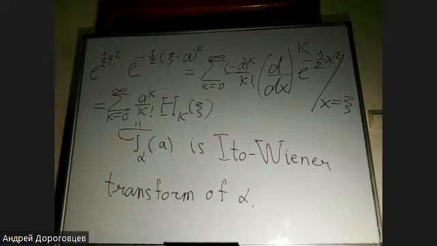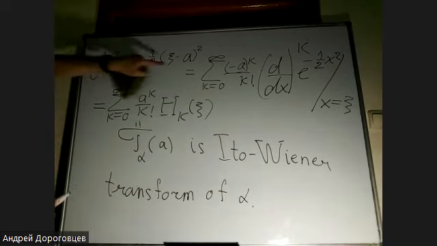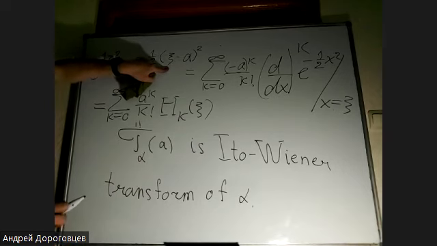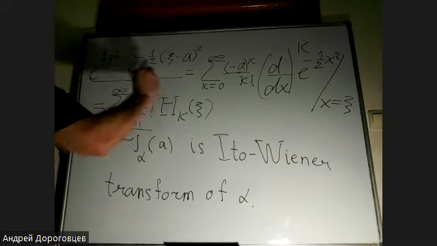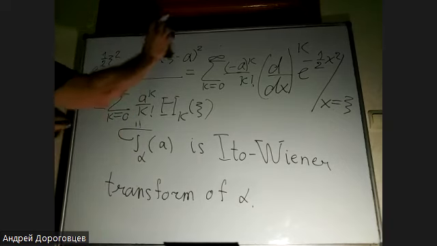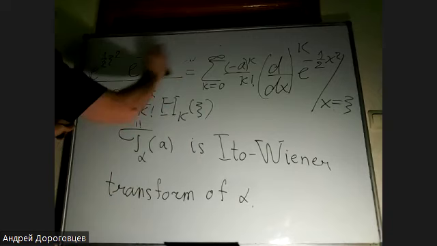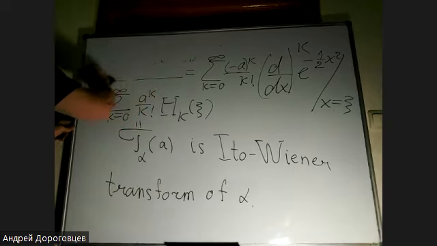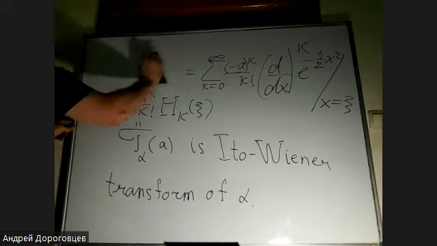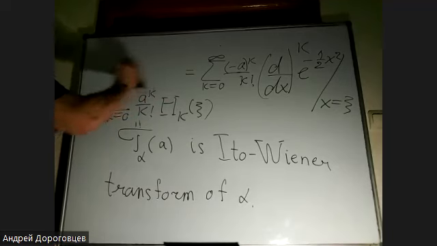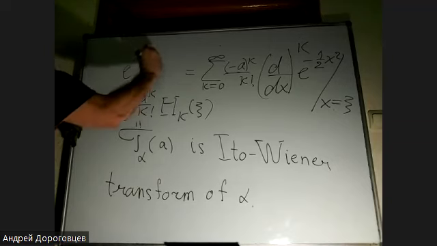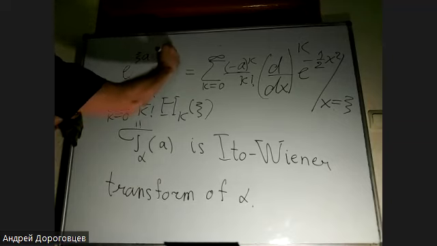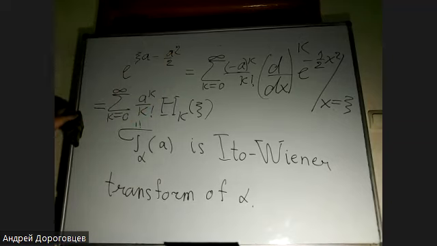Due to this multiplication, we just get the expression of the stochastic exponent, excuse me. Here it is.